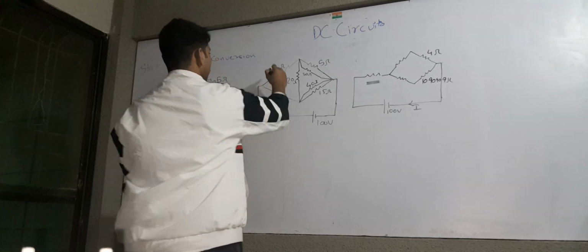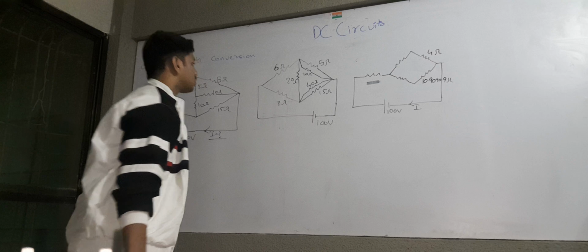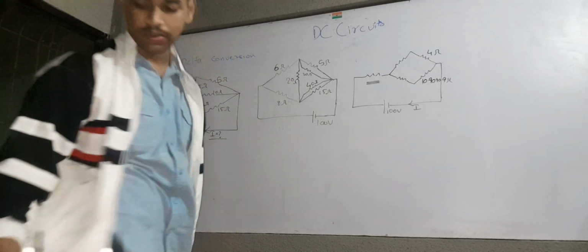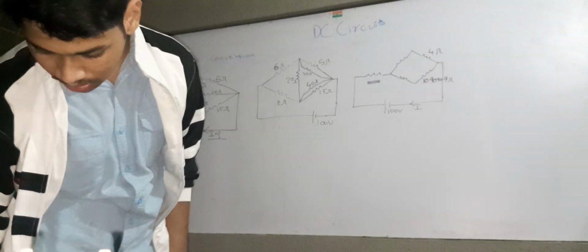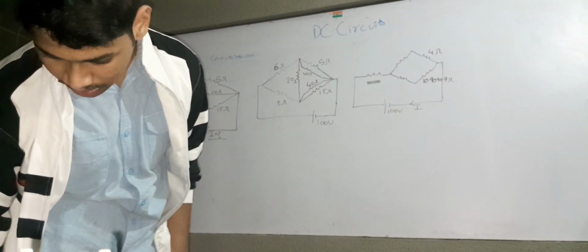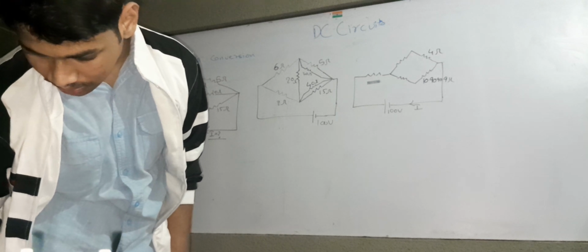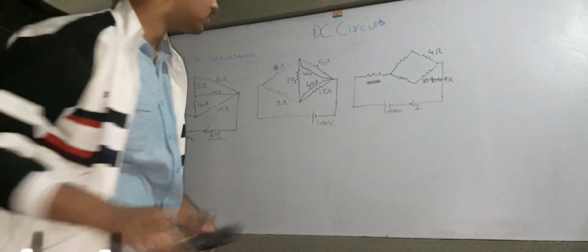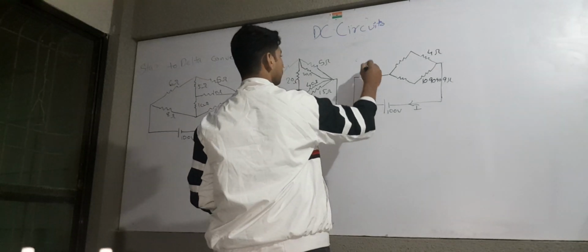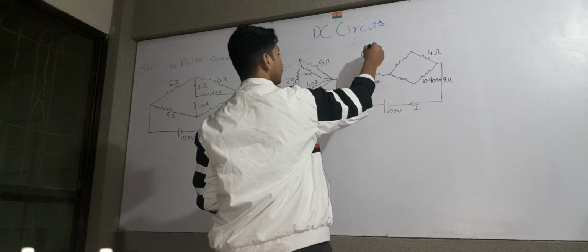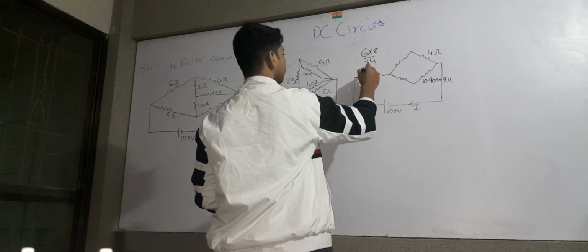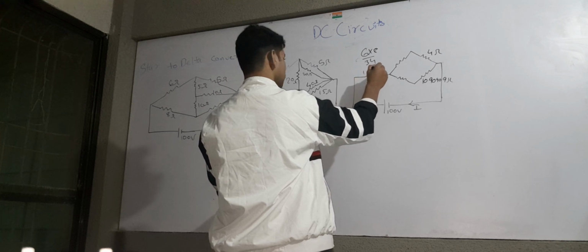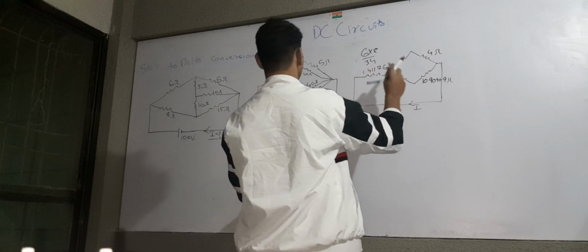Now we've got to calculate this one, which I'm directly calculating. This is 6 times 8 by 34, which is 1.41176 ohms.